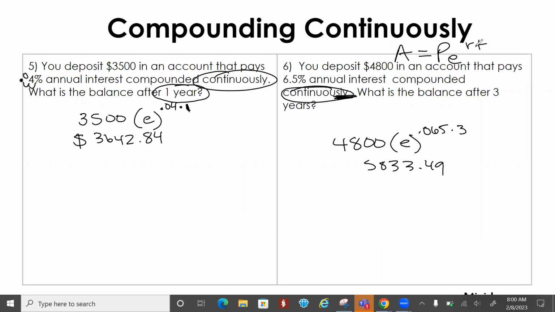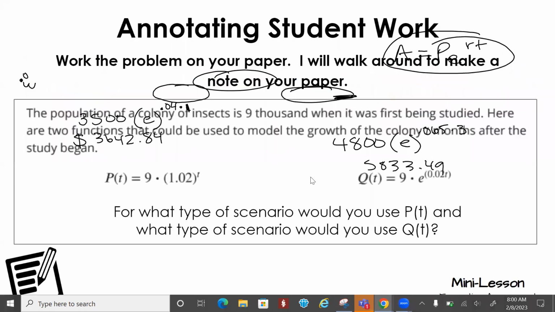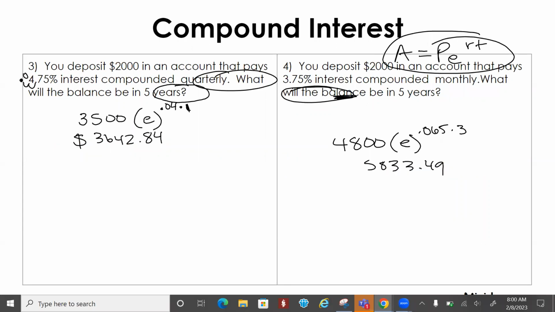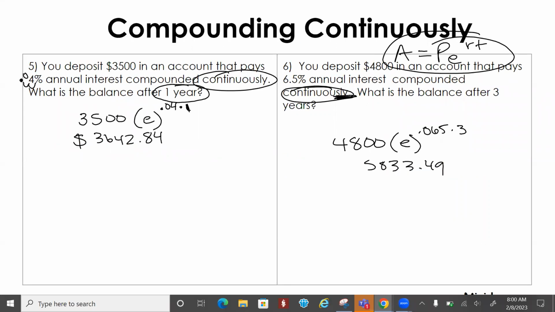If they say continuously, you're going to use the E one, the PERT. If they say quarterly or monthly, that's going to be something like the compound interest. If they're just talking about population, you're going to use simple interest. So you got to know when to use which one.